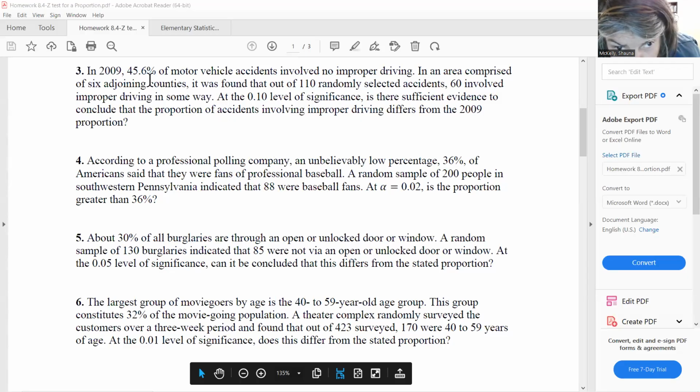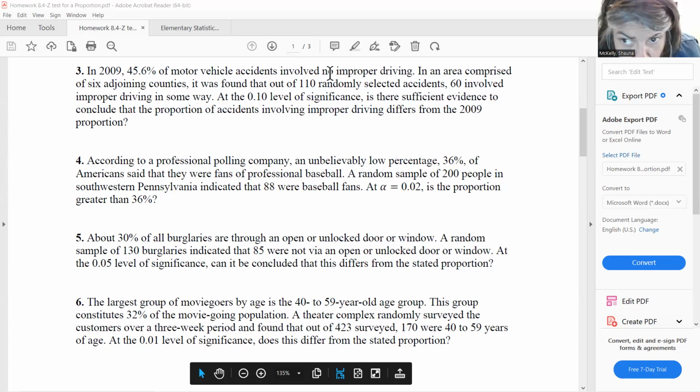Okay, if we pick up from where we left off, as I was saying, 45.6 is the percentage of people who drove correctly. They involved no improper driving.